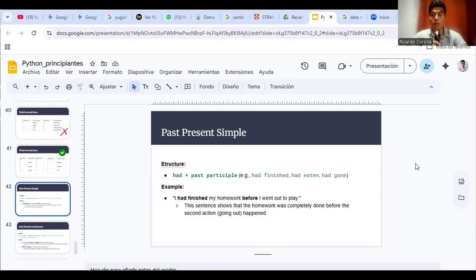This is important when we use this tense. An example is: I had finished my homework before I went out to play.